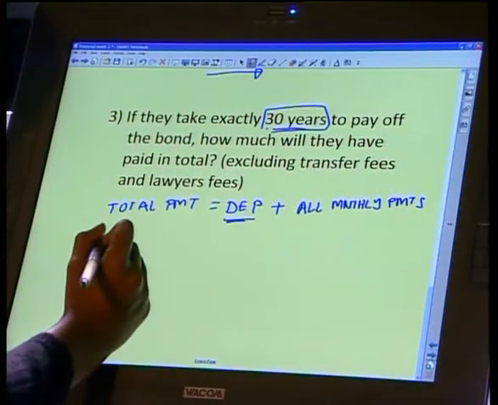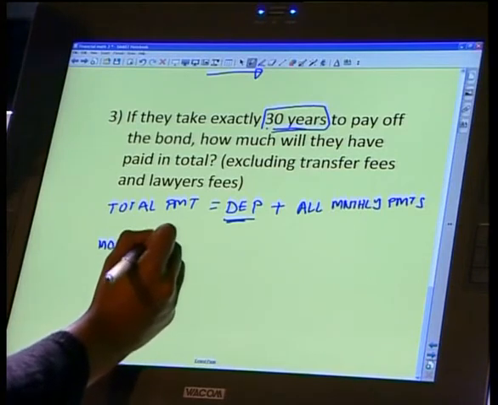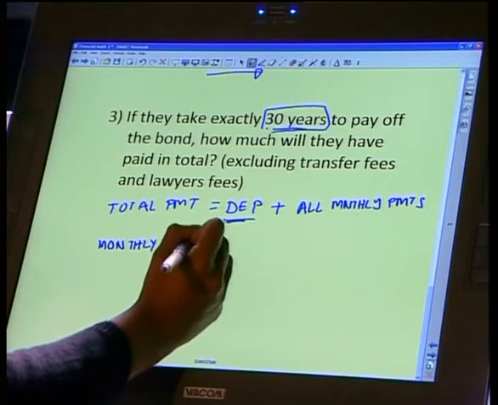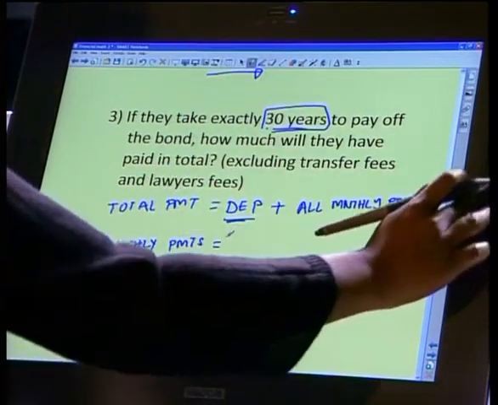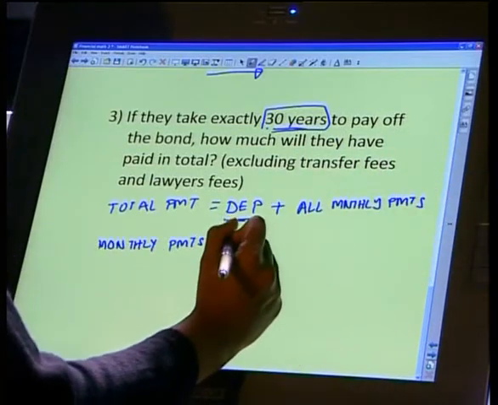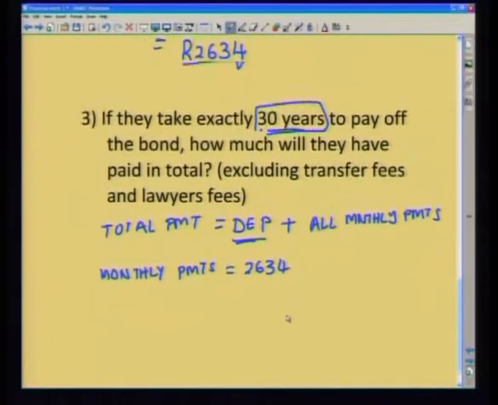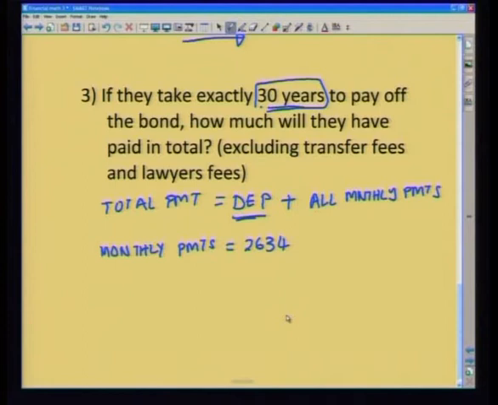Okay, so first let's work out the total monthly payments over 30 years. So every month, remember they pay 2,634 Rand. They're paying that over a period of 30 years. So we times it by 30, and there are 12 months in a year. So this part of the bracket will tell me how many payments they're making.